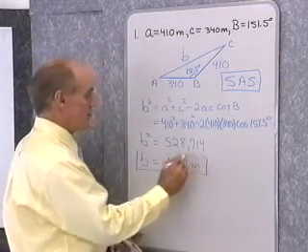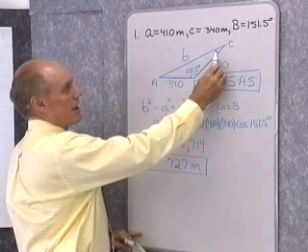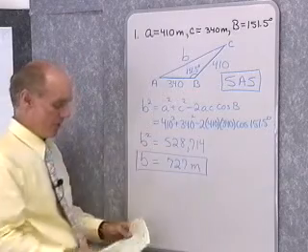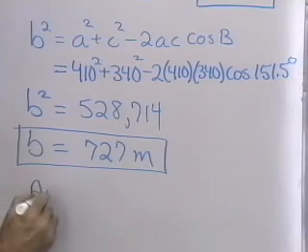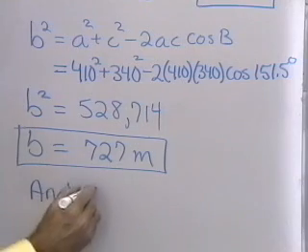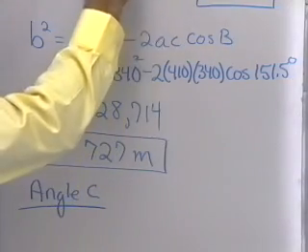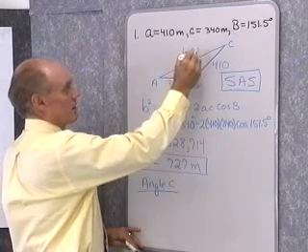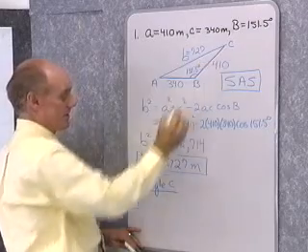Now I want to solve for the other missing parts of this triangle, and what I need to do is solve for either angle C or angle A, one of those two. So I think what I'll do is solve for angle C first, and B is equal to now 727. I want to solve for angle C, so what I have is this.